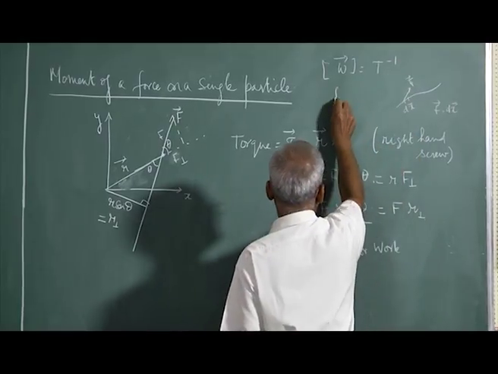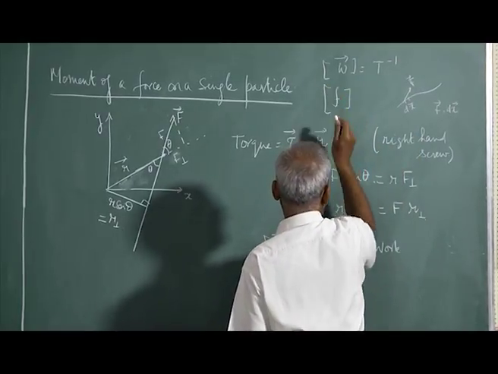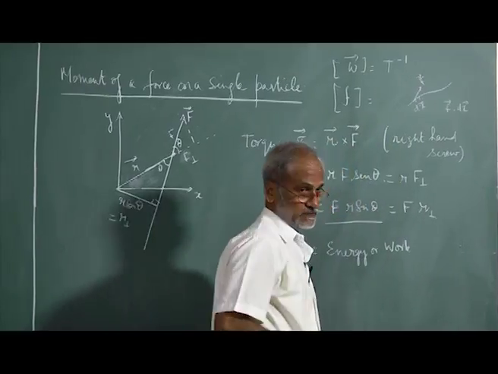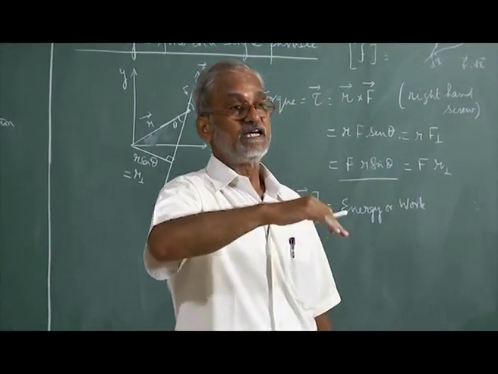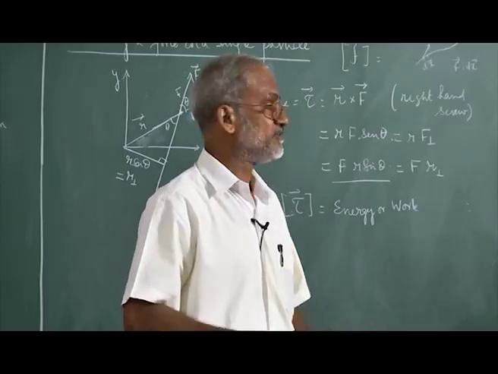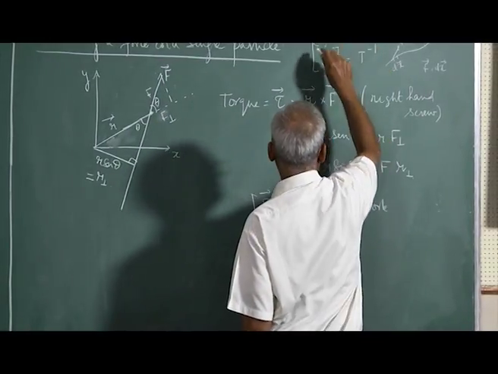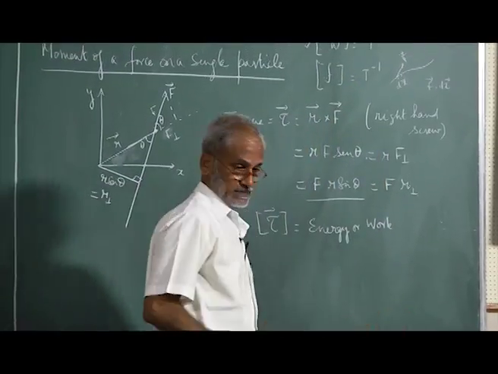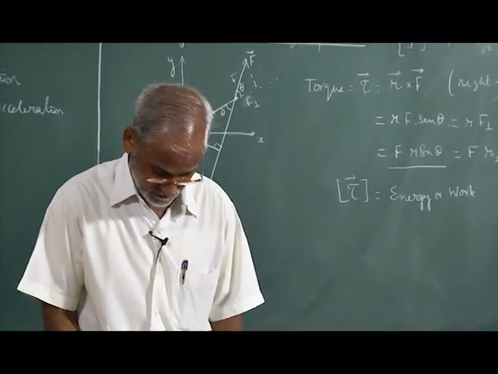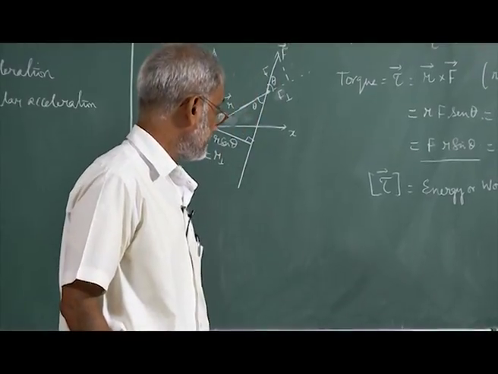What about angular frequency? It is how much angle it sweeps in a given time duration. So this also has T inverse, whereas one is a vector quantity and this is a scalar quantity. So such pairs do occur in physics.